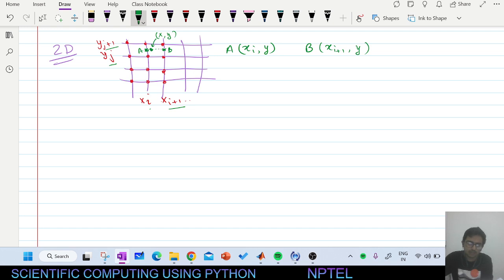If you are doing Lagrangian interpolation, then we pretend that we know all these values. In that case, what will be the p of x comma y? It will be the same thing, right? Sum over i, product over i prime not equal to i, I used j earlier, same thing, x minus xi prime divided by xi minus xi prime, and here we have p of xi comma y, but we don't know it, so let's call it p tilde, the function that we pretend we know.